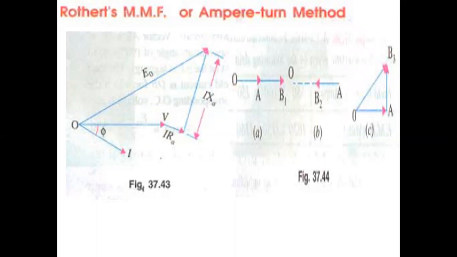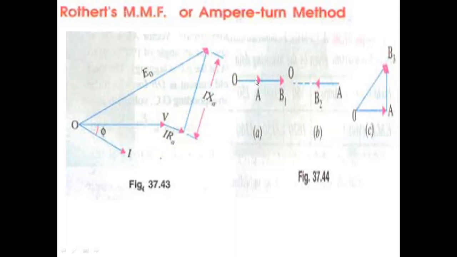If the alternator on short circuit test is supplying full load current at its normal voltage and zero power factor lagging, then the total field ampere turns required are the vector sum of the first one, OA, which is necessary to produce normal voltage and is obtained from the OCC test, and the second one, AB1, which neutralizes the armature reaction.